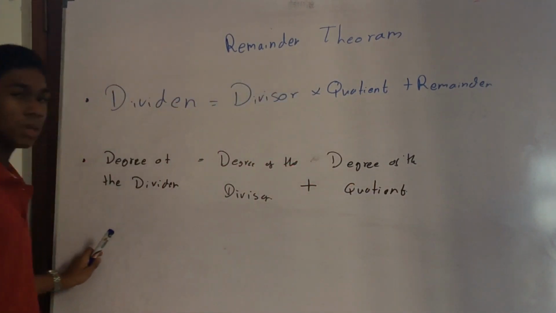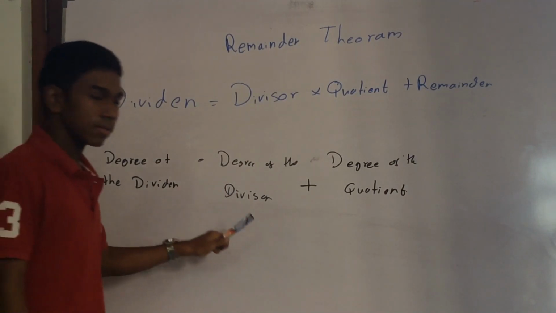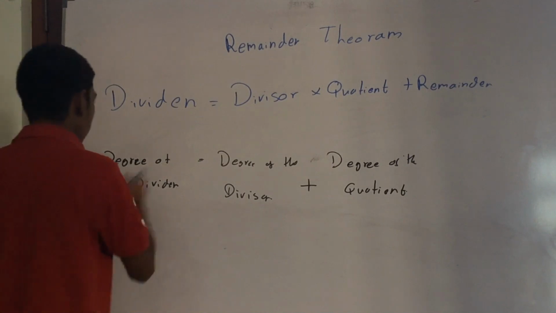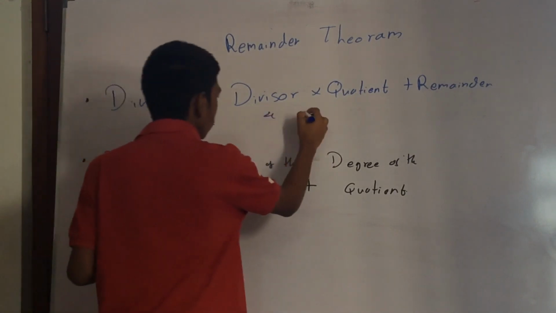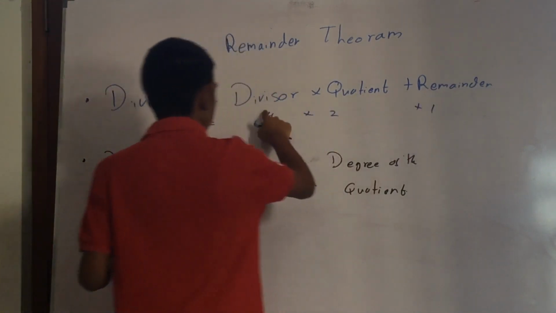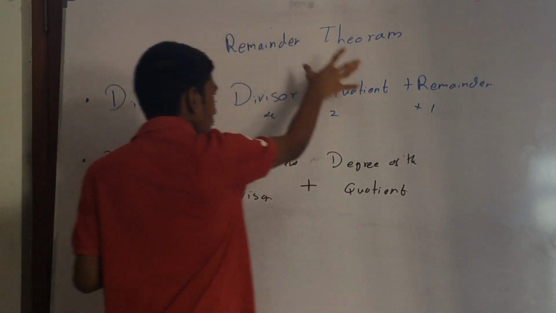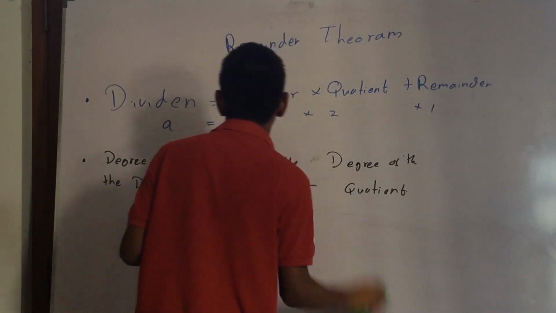The degree of the dividend should be equal to the degree of the divisor plus the degree of the quotient. And also here 9 is equal to 4 into 2 plus 1. Here divisor into quotient is 8, plus 1 is 9. So dividend is equal to divisor into quotient plus remainder.